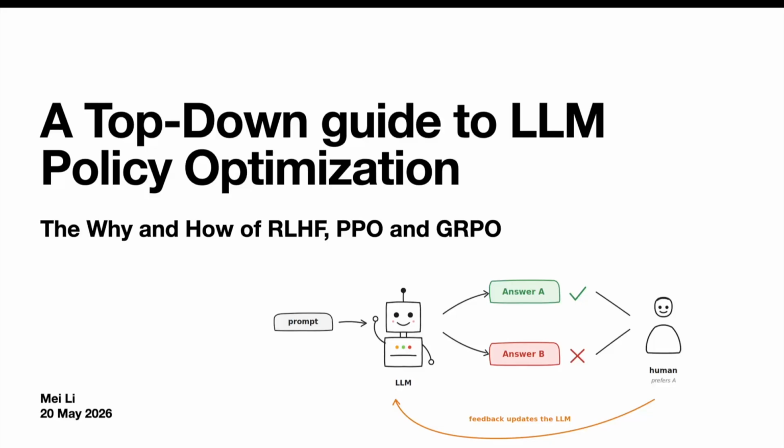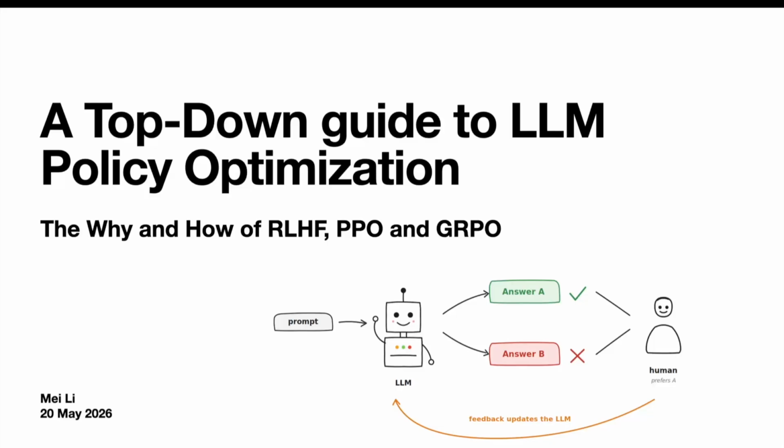In this video, we will build a top-down understanding of LLM policy optimization, why RLHF is needed, how it works, and how two important methods, PPO and GRPO, fit into the picture. My goal is to make the explanation as self-contained as possible.